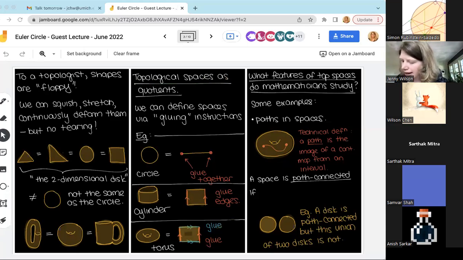So one way that I could represent a circle is by just an interval plus the gluing instructions that say I should glue these 2 points together. So I'm going to impose some relation on the space that says these 2 points are in fact the same point in my topological space. And hopefully that's believable, that if I take an interval and I glue together the endpoints, the result is a circle.